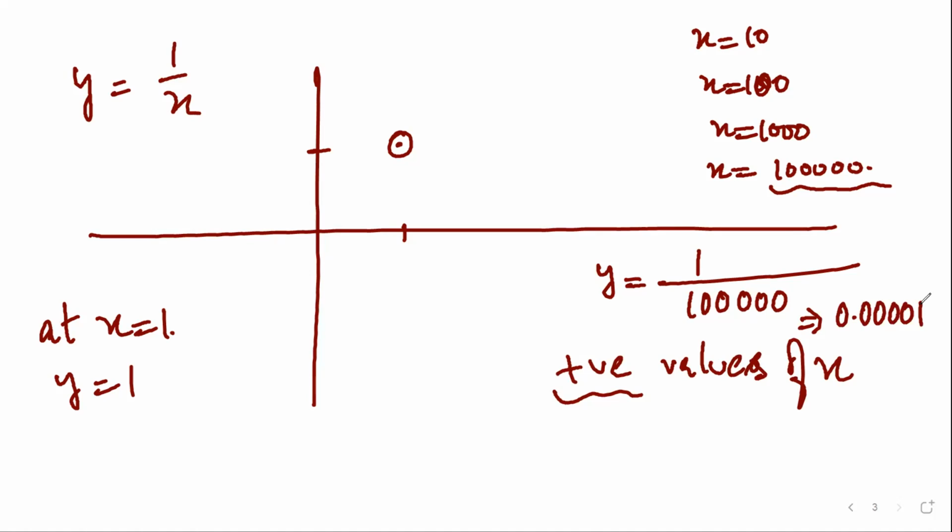Am I correct? Or I think there would be one more zero. Whatever number you put, you can put 1 lakh, you can put 1 crore, you can put 10 crore. The number y will never become equal to 0, but will become more and more and more smaller. It will become very, very small, but it will never become 0. Have you understood what I've said?